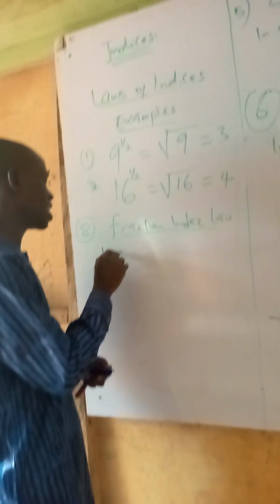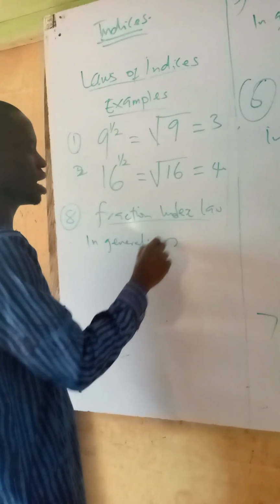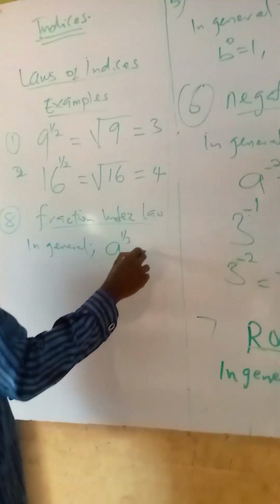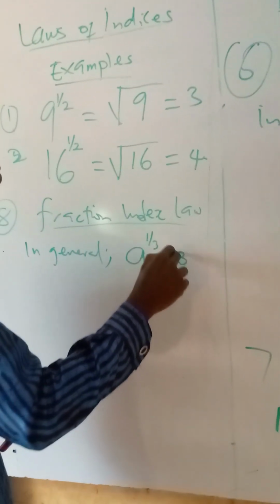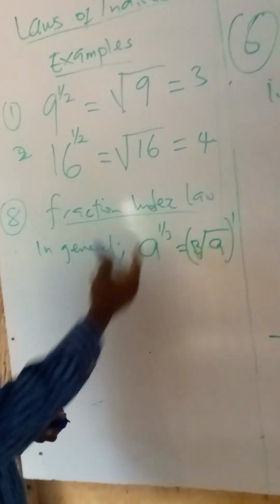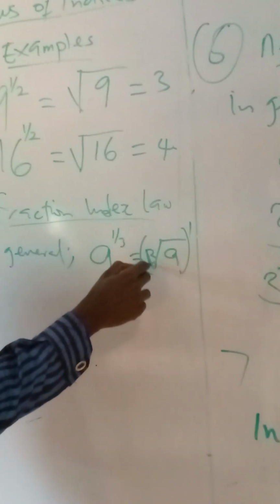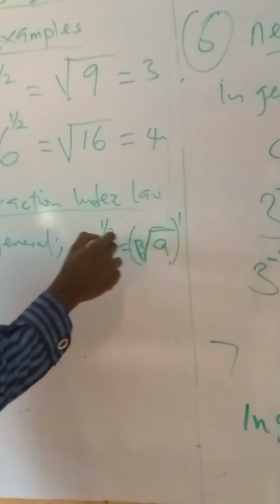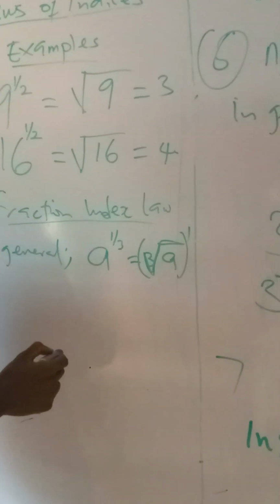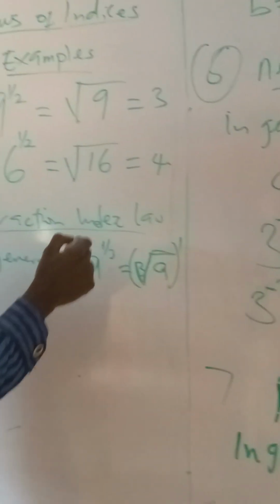In general, when you have a raised to the power of 1 over 3, that will give us the cube root of a. The root here will be determined by the denominator of the power, and the power outside the bracket will be determined by the numerator.